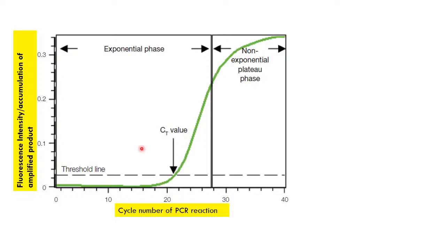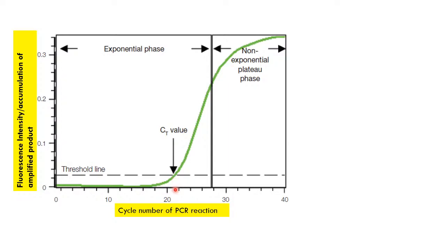And we have a very specific parameter, that is the CT value. What do you mean by CT value? CT value is that cycle number where the fluorescence signal crosses the threshold value. So imagine here, if I put it here, then the CT value comes around 21.